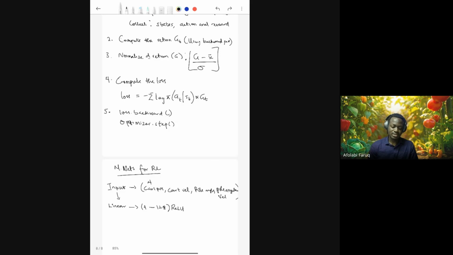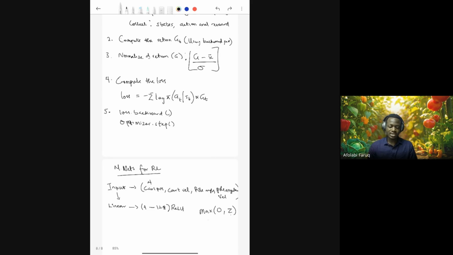It is the max of 0, z. Let's say z is the output of the linear transformation. ReLU takes it and returns the max of 0, z. So if this value is greater than 0, then this value goes. But if it is less than 0, then ReLU goes for 0.